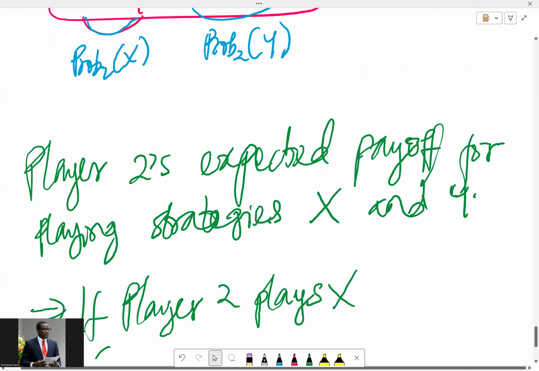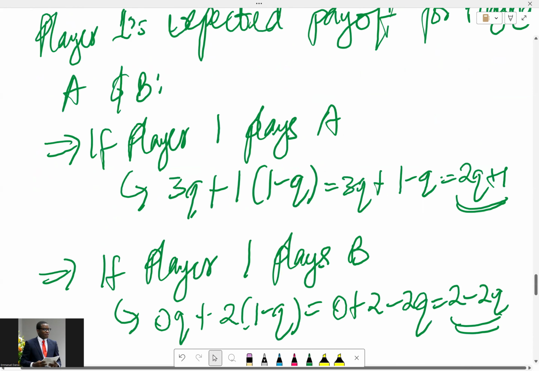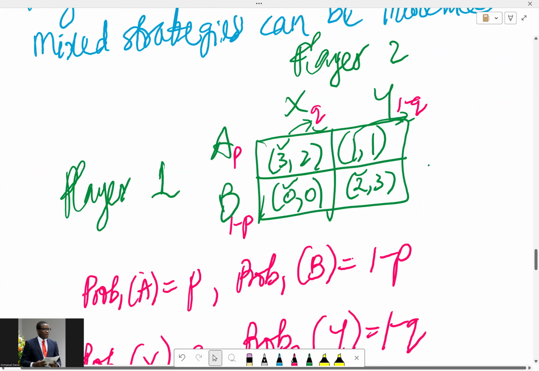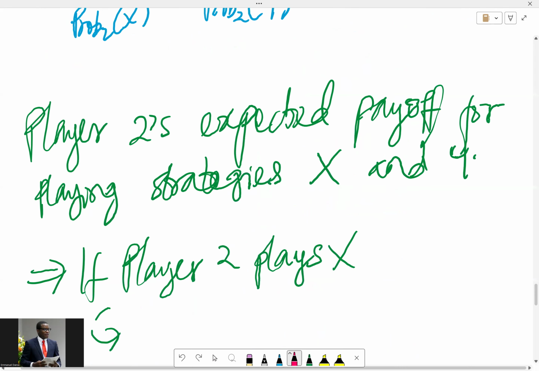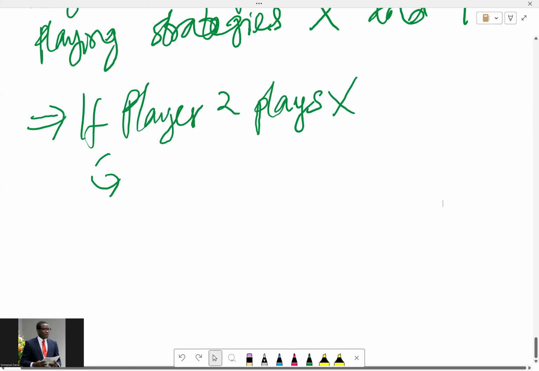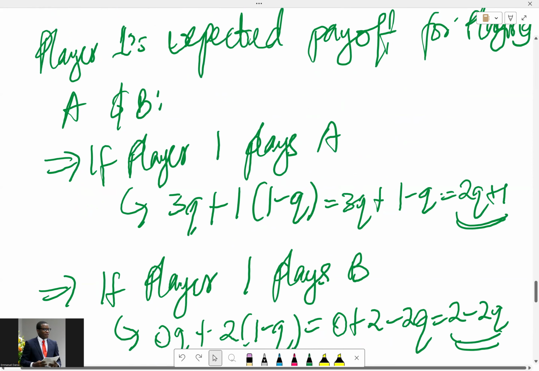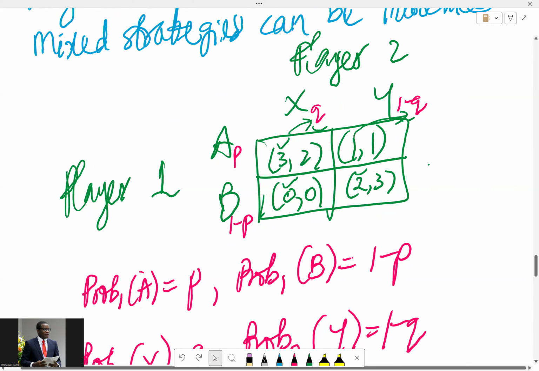If player 2 plays X, the expected payoffs are 2 and 0. So 2 with a probability of P and 0 with a probability of 1 minus P, because that will also be dependent on what player 1 does. So 2P plus 0 times 1 minus P. All right. So that's 2P.